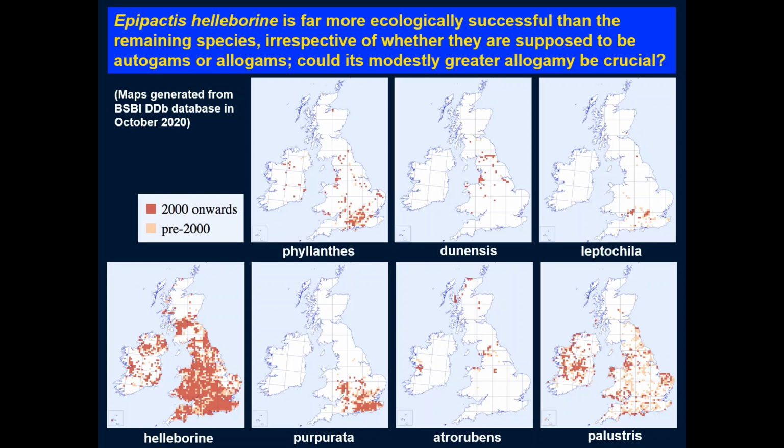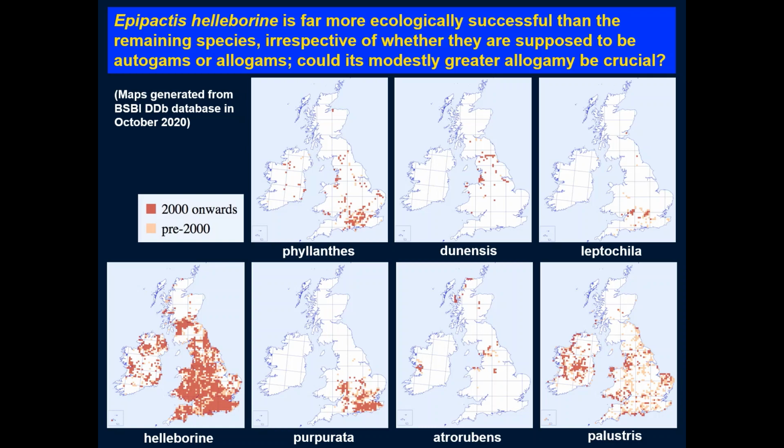One question we might ask is just simply look at the distributions of these different species within the British Isles and say which are the relatively successful widespread species invading a range of habitats. And it won't be a surprise to any of you to see that the broad-leaved helleborine, Epipactis helleborine, here on the bottom left, is the most widespread throughout Britain other than in northern Scotland.